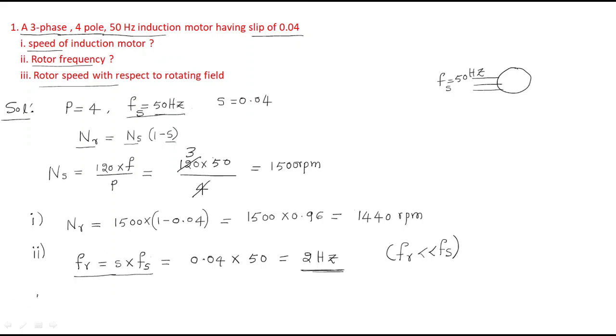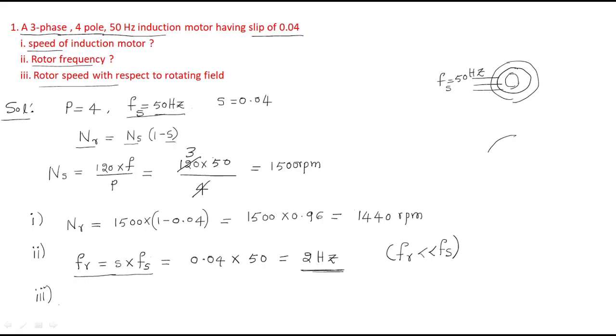Next, the third point. What is the third point? Rotor speed with respect to rotating field. For example, it is a stator and it is a rotor.